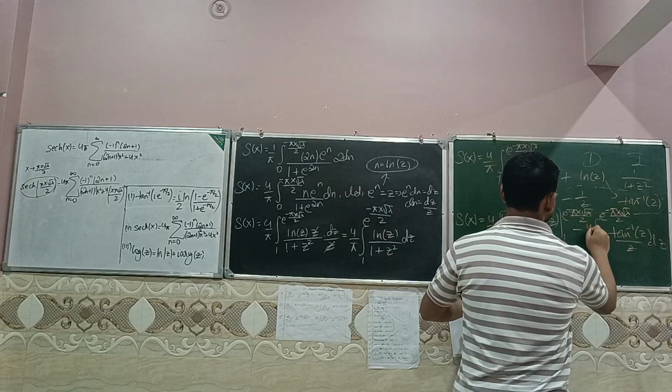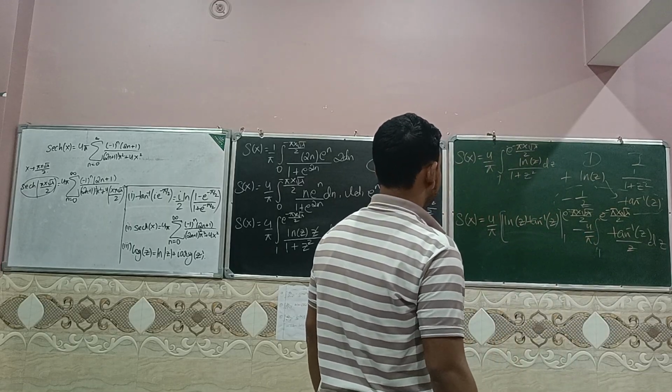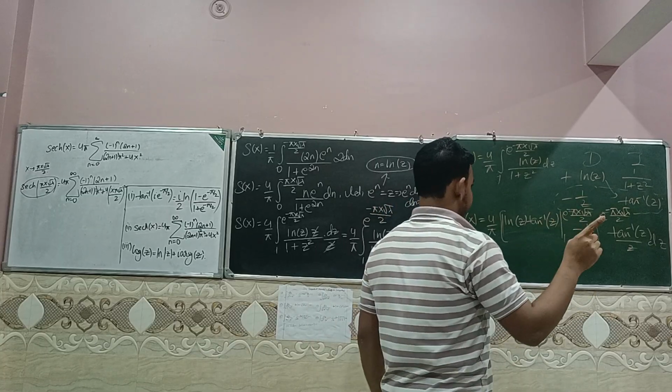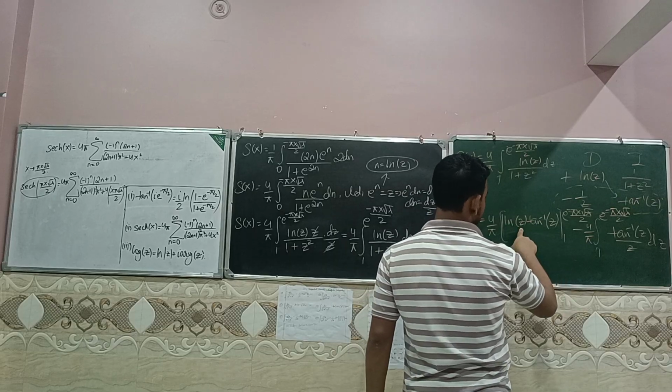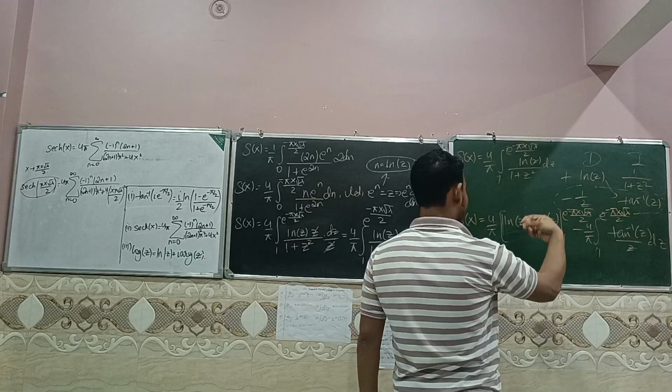So yeah, okay, here is 4 over pi, right? Let's just plug the values in this part. Look guys, when I plug z equals 1, ln of 1 becomes 0, which means the tangent inverse of the argument is also 0.